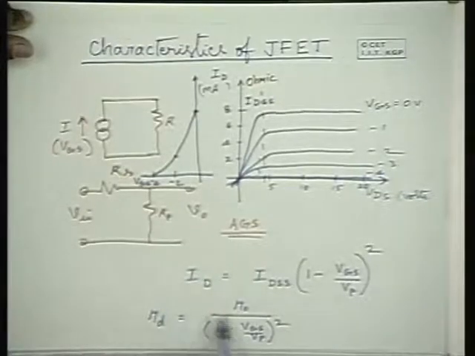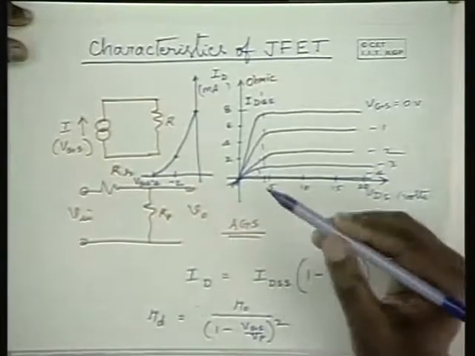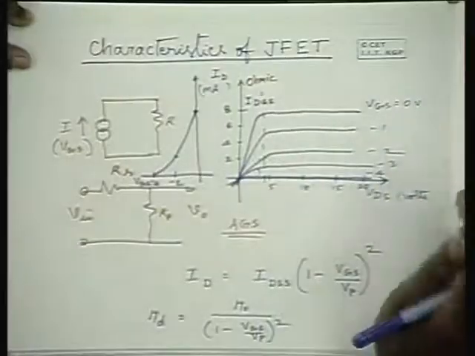Therefore, RD is equal to R0 by 1 minus VGS by Vp whole square, where R0 is the resistivity or resistance of the channel or JFET between the drain and source for VGS equal to 0.